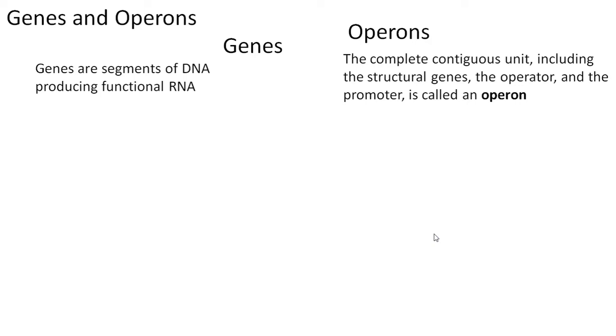element. What do I mean by regulatory element? By regulatory element, we mean a promoter, an operator, and a gene that may produce a repressor or inducer, repressor kind of protein.